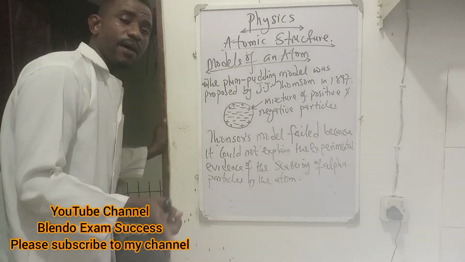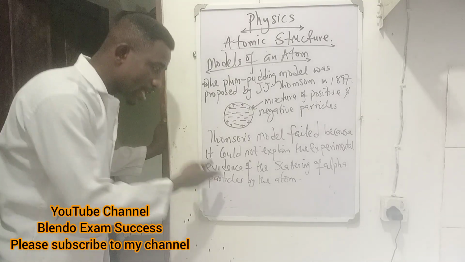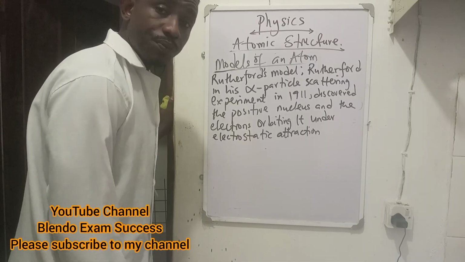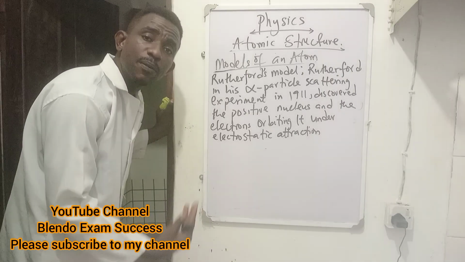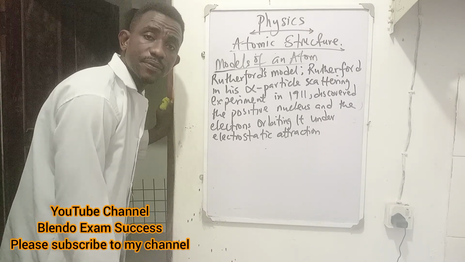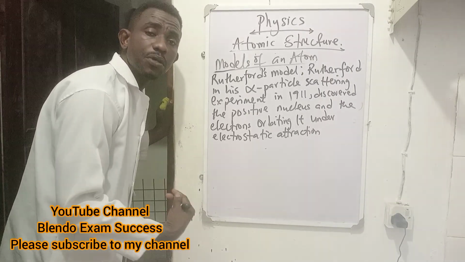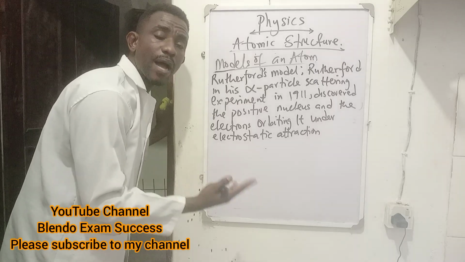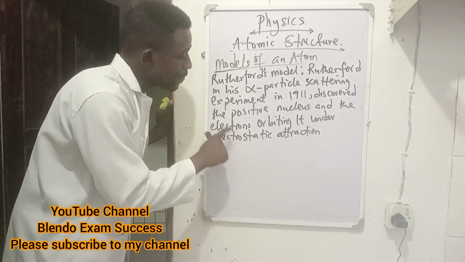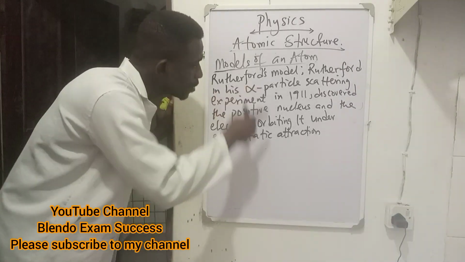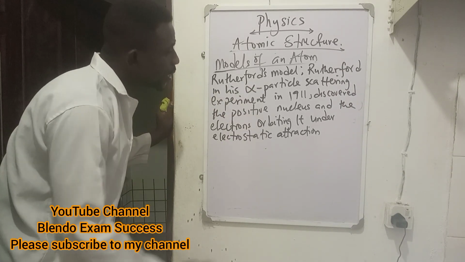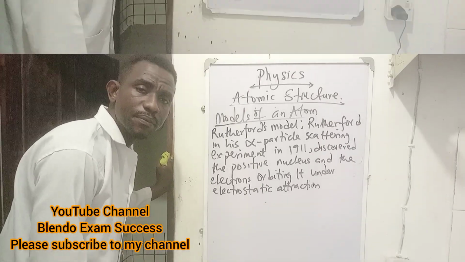So Rutherford came to his rescue. Rutherford's model solved the problem of Thomson. Thomson couldn't account for the alpha scattering experiment. Okay, but in Rutherford's experiment, he was able to solve that problem.